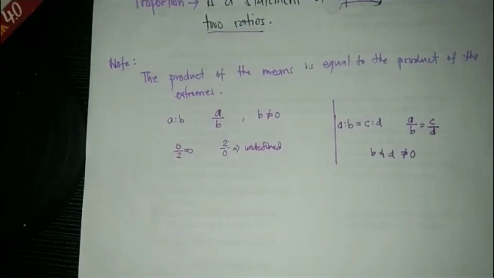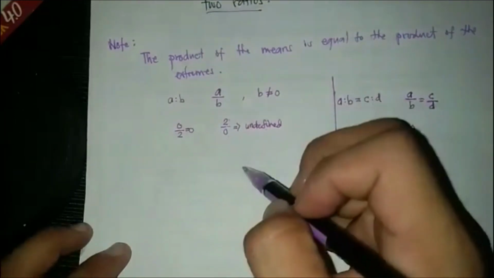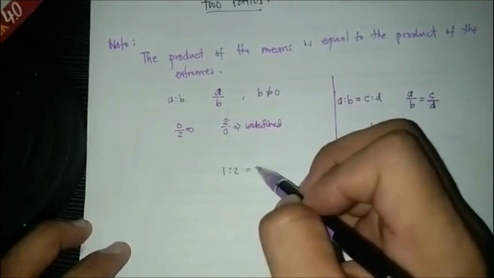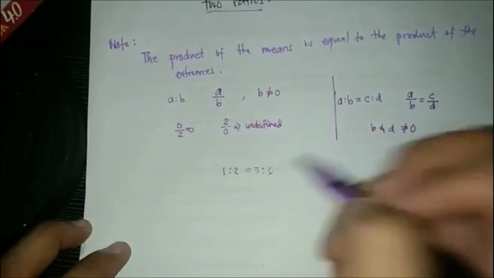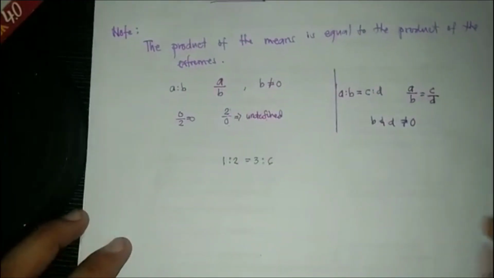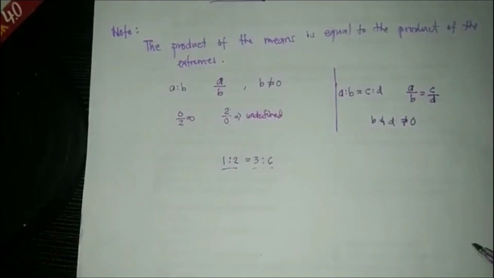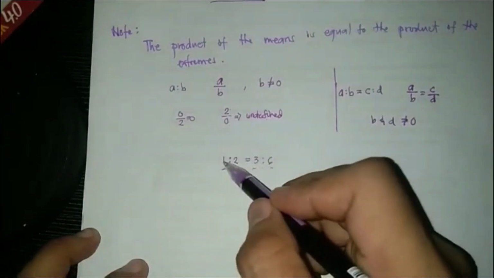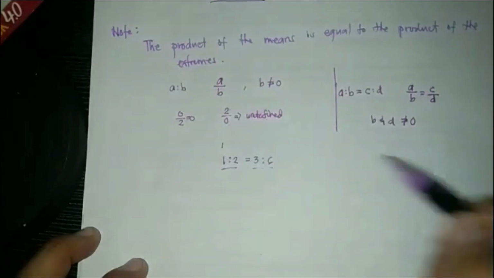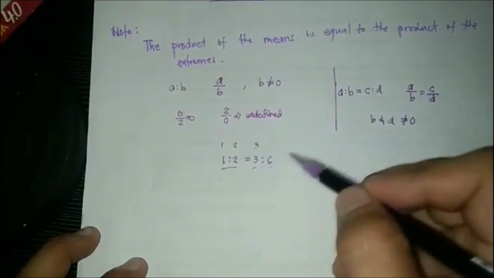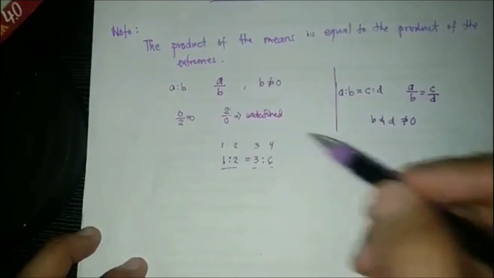Okay, so say for example, meron tayong 1 is to 2 equals 3 is to 6. First ratio, second ratio, at meron po tayong tinatawag dyan na terms. Yung 1 siya yung first term, yung 2 yung second term, yung 3 yung third term, yung 6 yung fourth term.